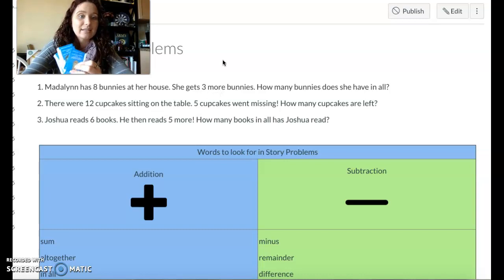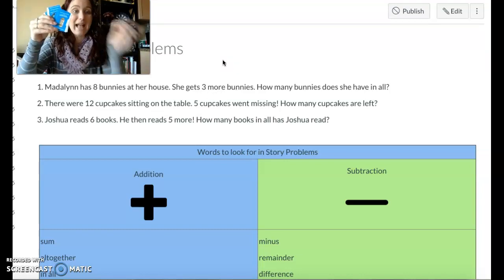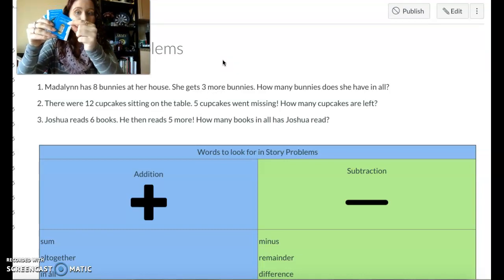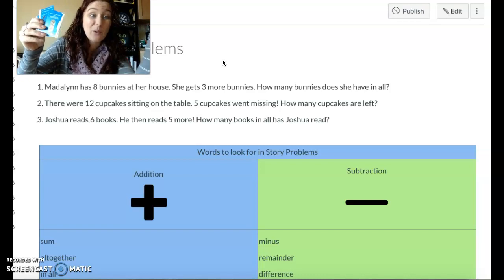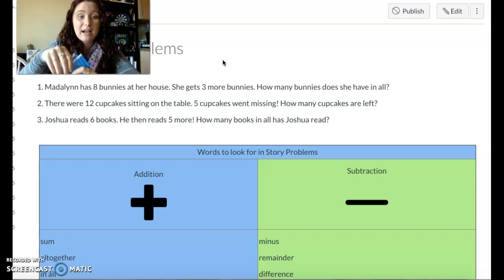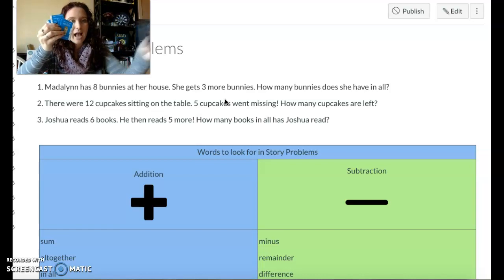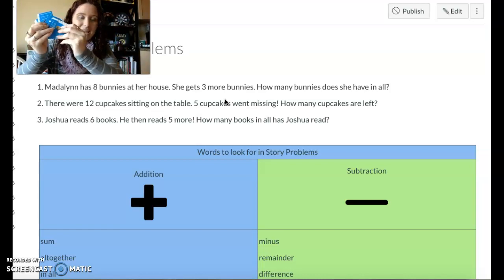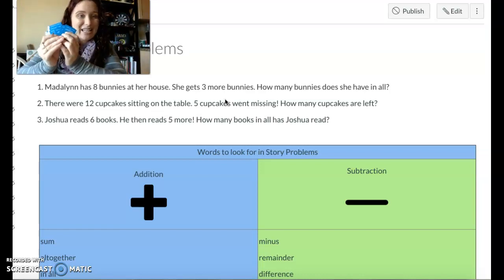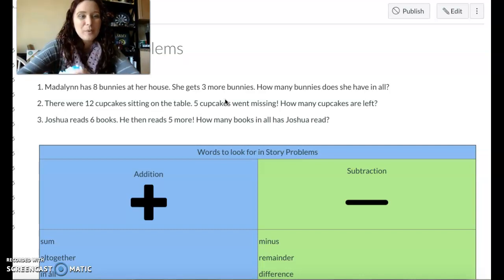So now I have to decide, am I going to be adding Monopoly tickets or am I going to be taking Monopoly tickets away? So I'm going to look at it one more time. She gets 3 more bunnies. That sounds like we're adding things. We're making it bigger. So I'm going to take 3 and I'm going to add it to my pile. Now, how many bunnies does she have in all? Please count everything that you have, and that will be problem number 1.